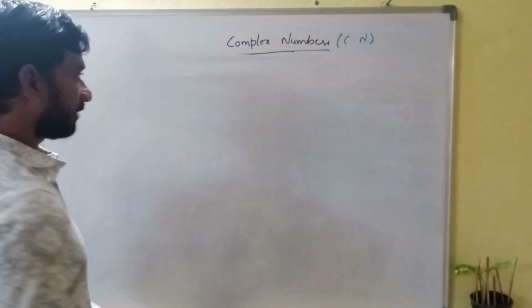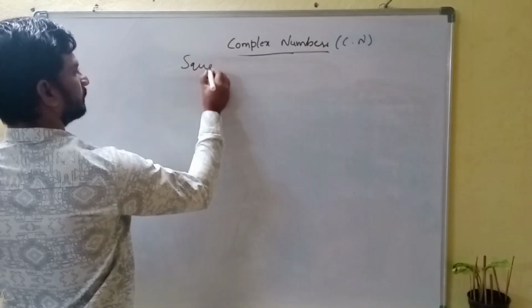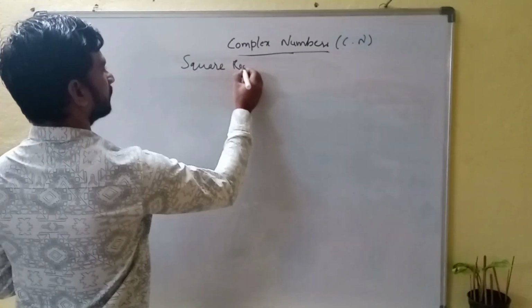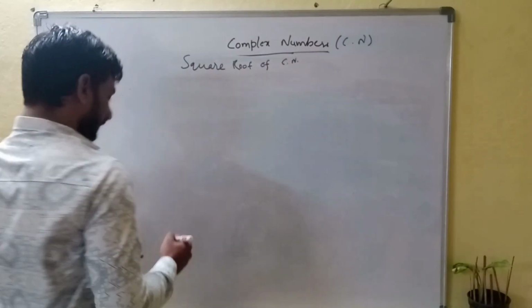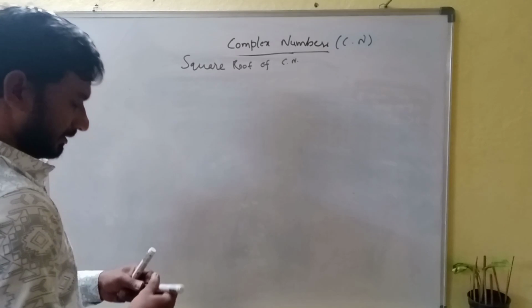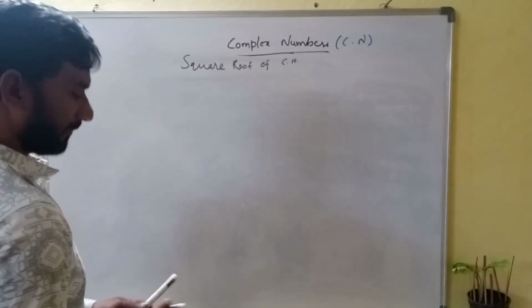Now let's come to the square root of a complex number. There are two conditions to find the square root of a complex number.